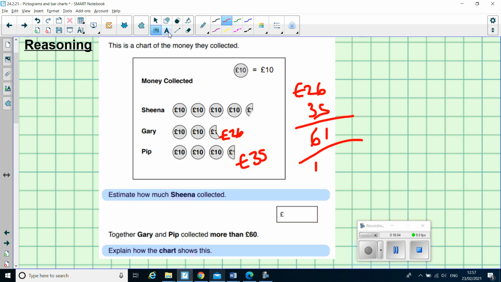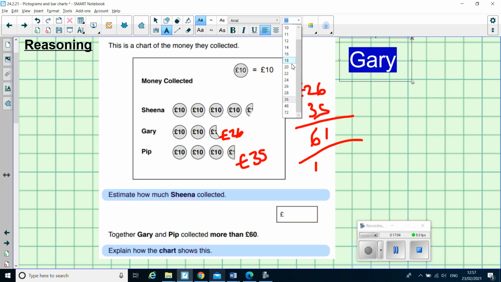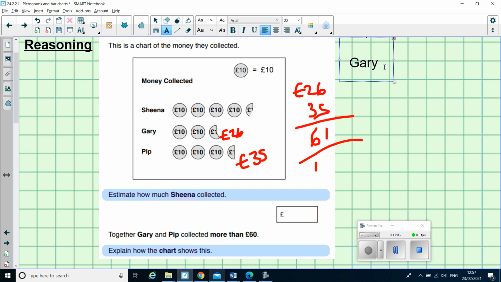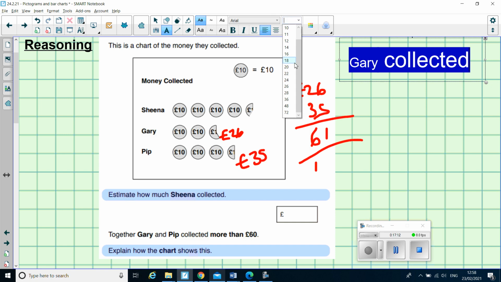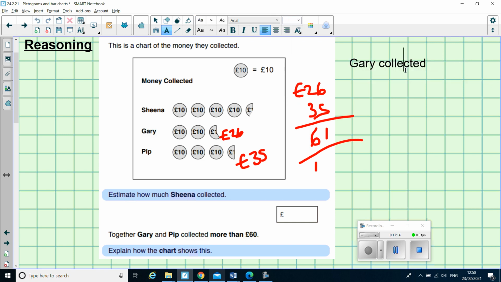So my reasoning answer then, I need to explain what I've done. So Gary, just change my font to be a more reasonable size. Gary collected more than £25.